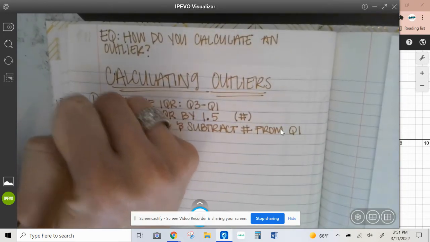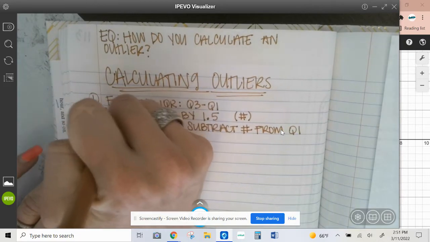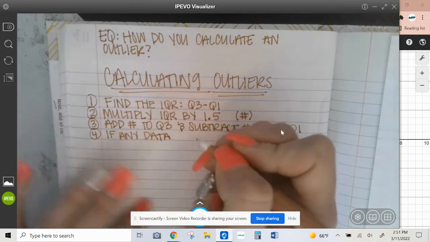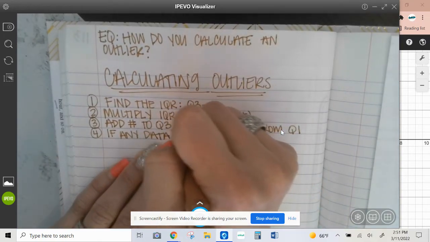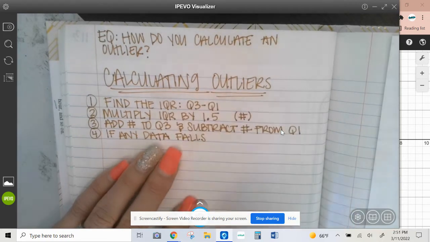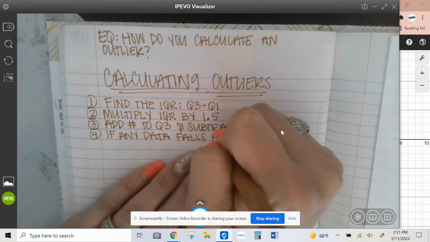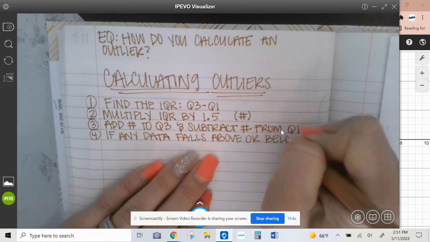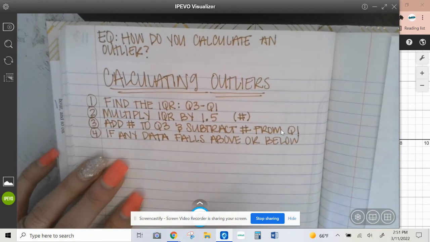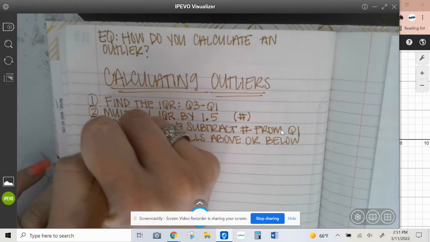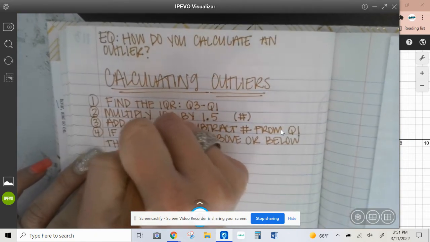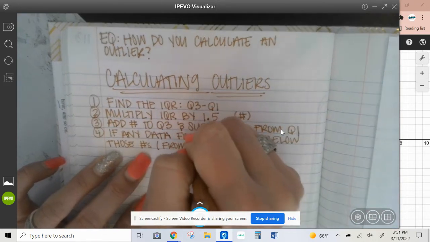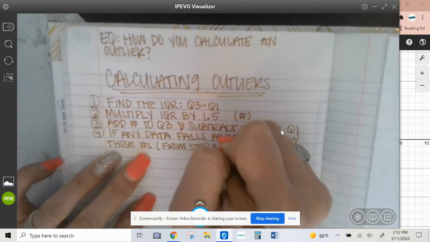And then our last step is if any data falls above or below those numbers, and that's from step 3, okay?